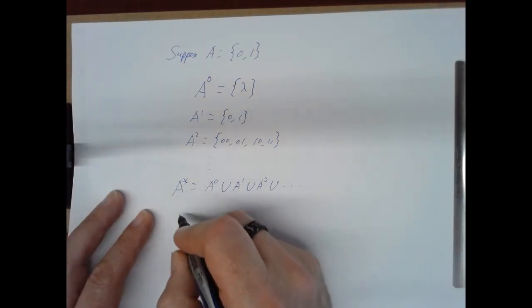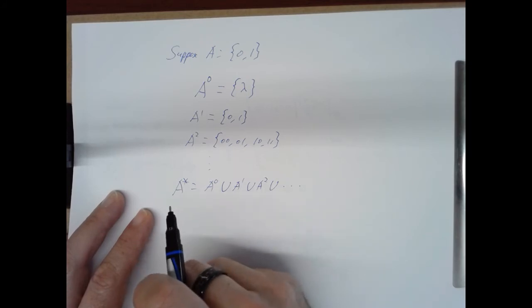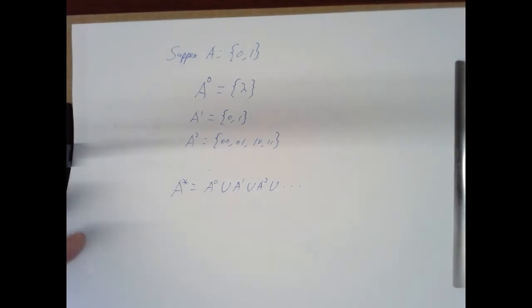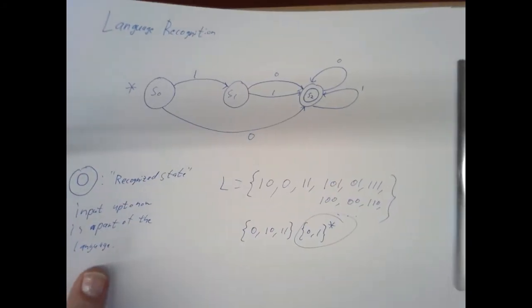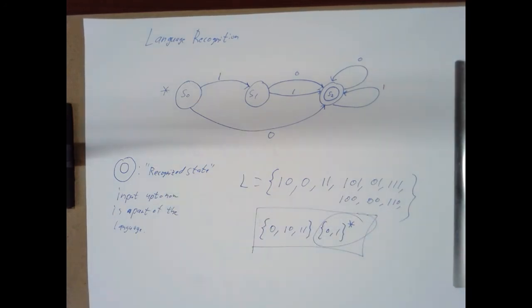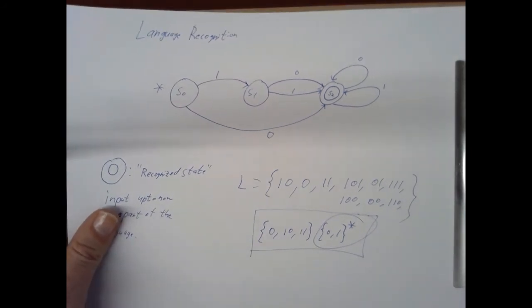That's the star you get in grep and other regular expressions. When you say something asterisk, it means 0 or more occurrences of that thing. Same idea. So there's a regex-ish kind of way to describe the language recognized by that machine.